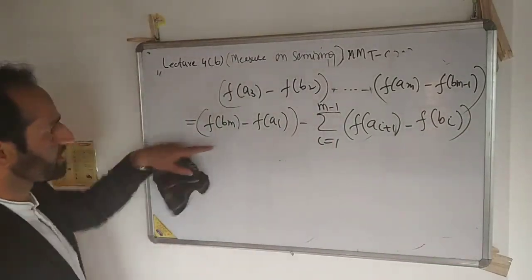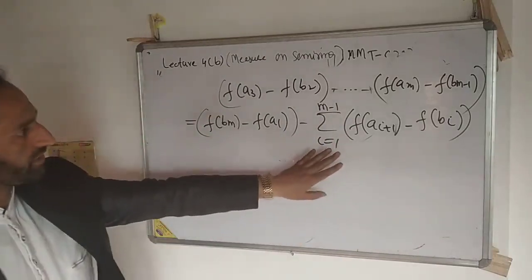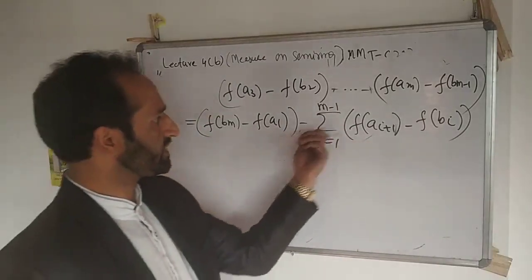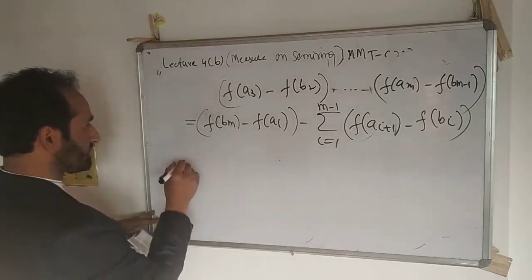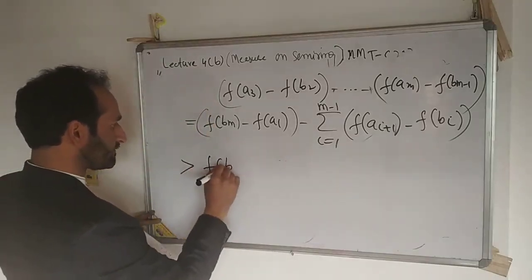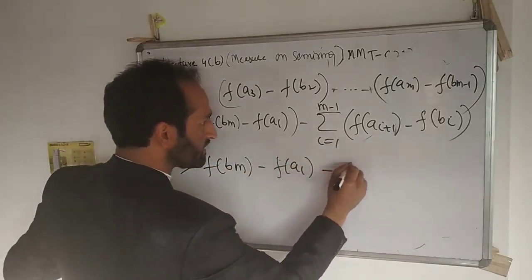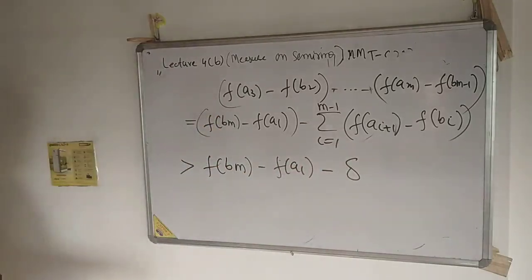So this S is greater or equal to this. Now this one is less than delta, so the minus term is greater than minus delta, so it is greater than f of bm minus f of a1 minus delta.